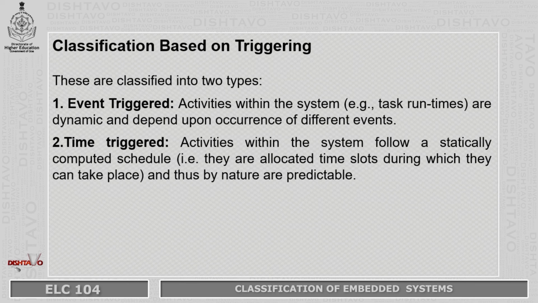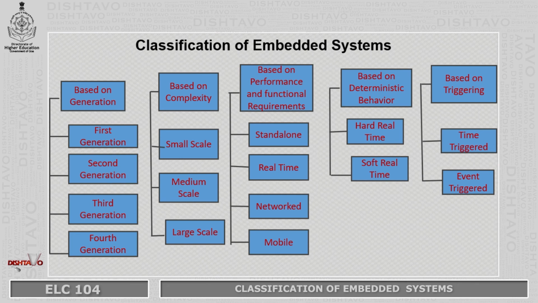These systems are classified into two types: event triggered, where activities within the system are dynamic and depend upon the occurrence of different events, and the second type is time triggered, where activities within the system follow a statically computed schedule, that is, they are allocated time slots during which they can take place, and thus, by nature, these systems are predictable.